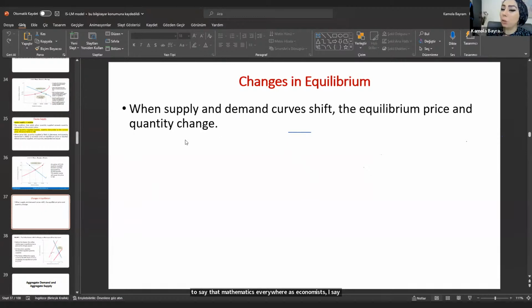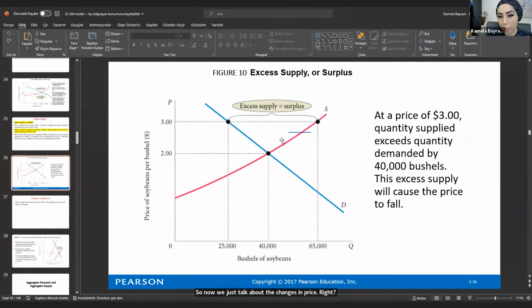So changes in equilibrium. When supply and demand curves shift, the equilibrium price and quantity change. So now we just talked about the changes in price, right? So we were just shifting from here to there. We again meet at the equilibrium point. But what if suddenly the income of the person increases?